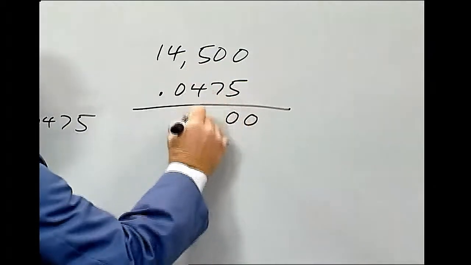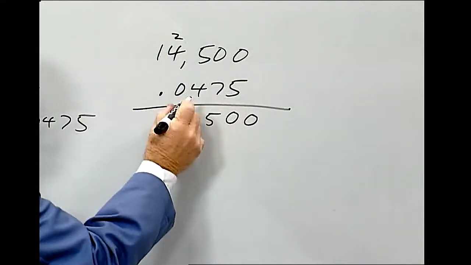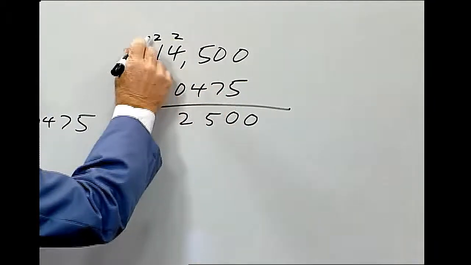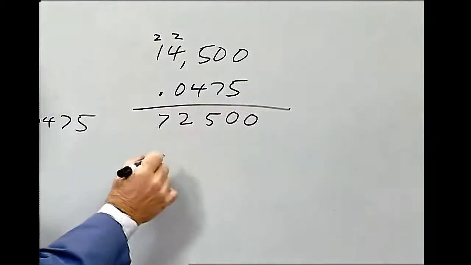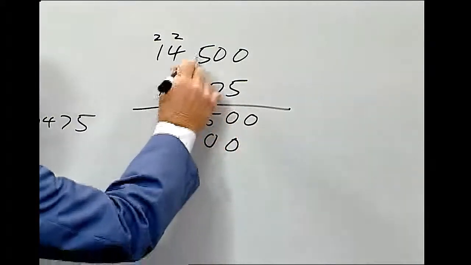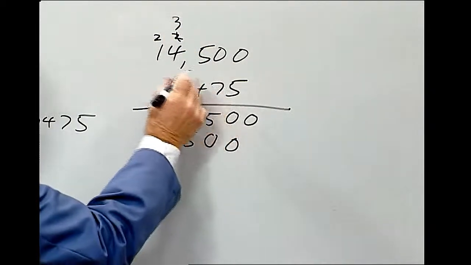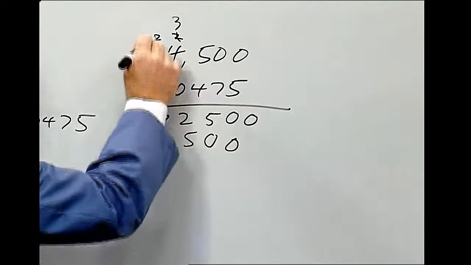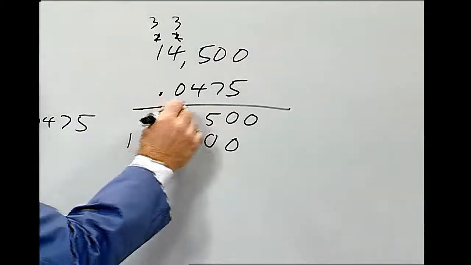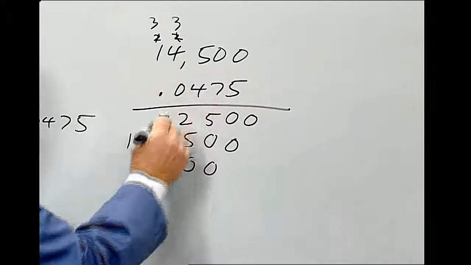Again, 0. 5 times 5 is 25. 5 times 4 is 20, plus 2 is 22. 5 times 1 is 5, plus 2 is 7. 7 times 0 is 0. 7 again, 0. 7 times 5 is 35. 7 times 4 is 28, plus 3 is 31. 7 times 1 is 7, plus 3 is 10. 4 times 0 is 0, another 0. 4 times 5 is 20.